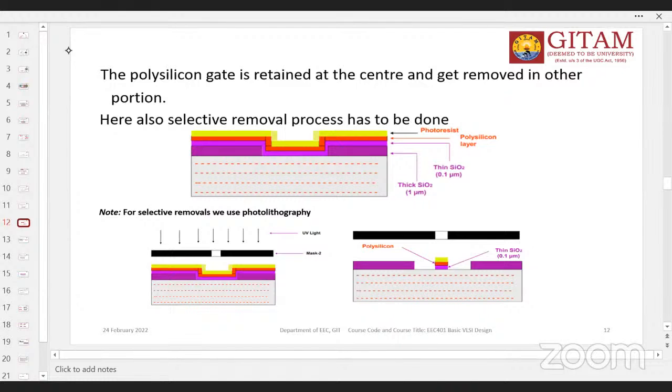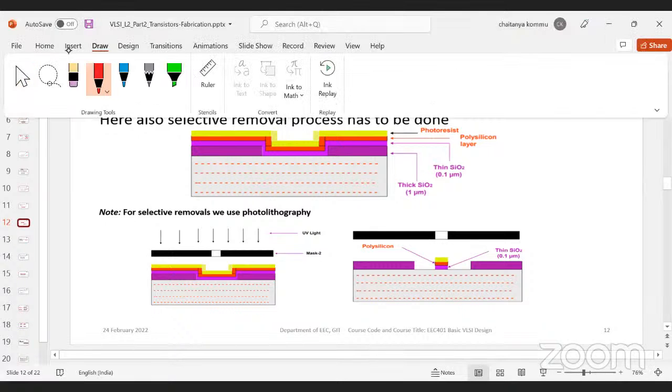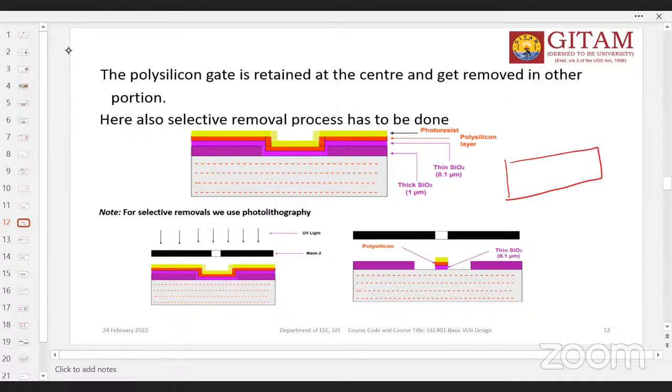Now I'm going to introduce the source and drain. I want to realize the source and drain, for example. Can anyone tell me what we have to do? Here, what I have done now is, I have my oxide. On top of it, I have a field oxide.